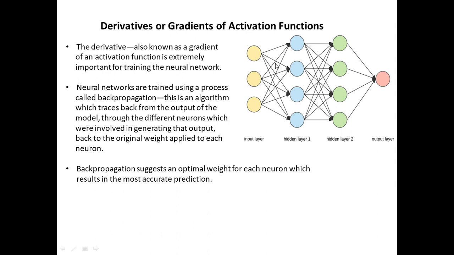Back propagation suggests the optimal weights for all these connections, which results in the most accurate prediction of this output. This is the main reason why we need back propagation.